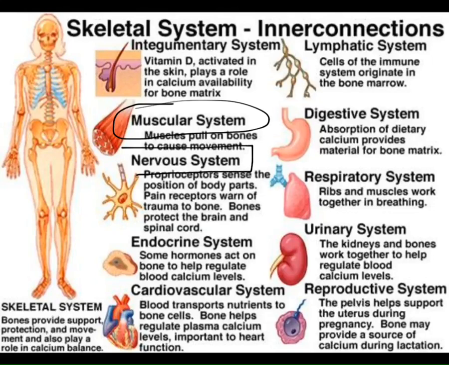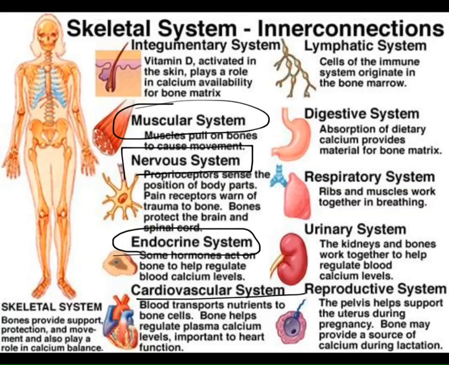You know that there are nerves, right, going through your bones, so there's a connection there, but don't forget, too, that the skull protects your brain, and the vertebrae protect your spinal cord, so there's a connection between bones and the nervous system. I mentioned last time parathyroid hormone and calcitonin, two hormones that are involved with calcium regulation and therefore bone well-being. So the endocrine system has a connection to the bones.